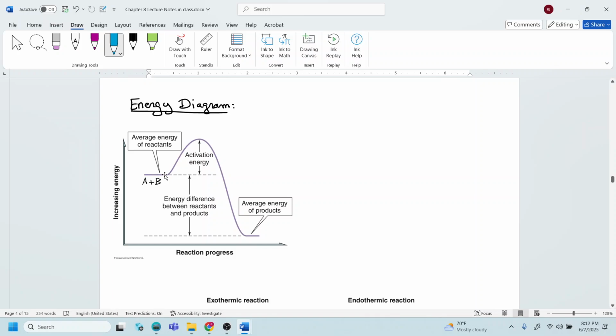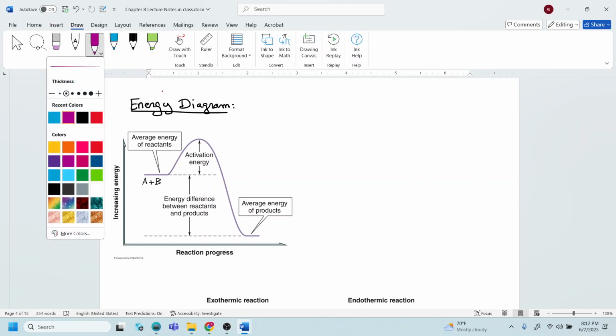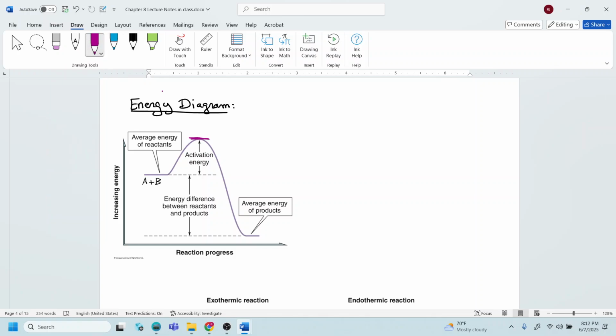The distance between the reactants and the highest point, or highest energy in the reaction, that is called the activation energy, which is EA. I can compare different reactions with each other, but I need to see different energy diagrams for these reactions to be able to compare their activation energy and see which one occurs at a faster rate than the other.